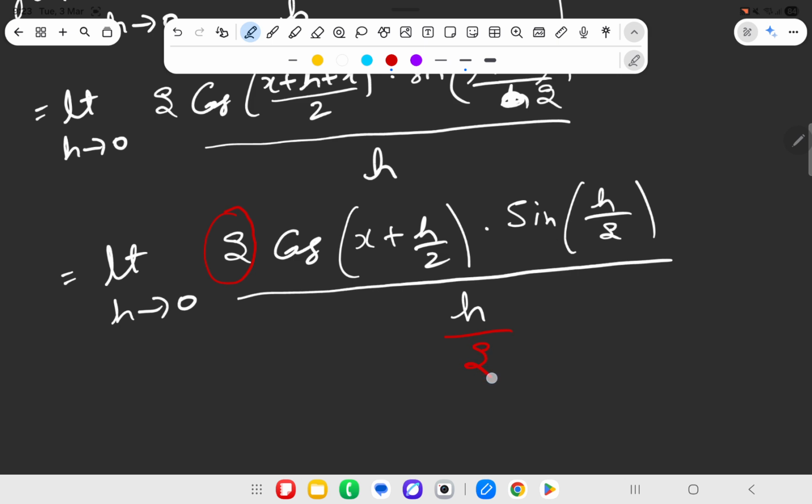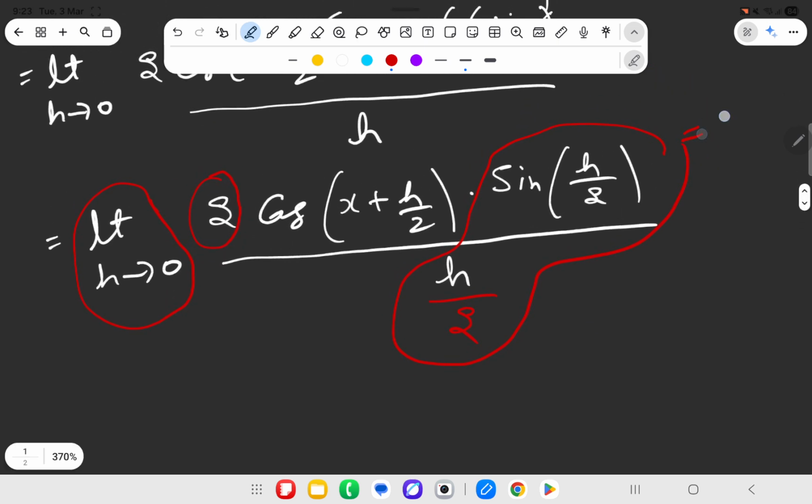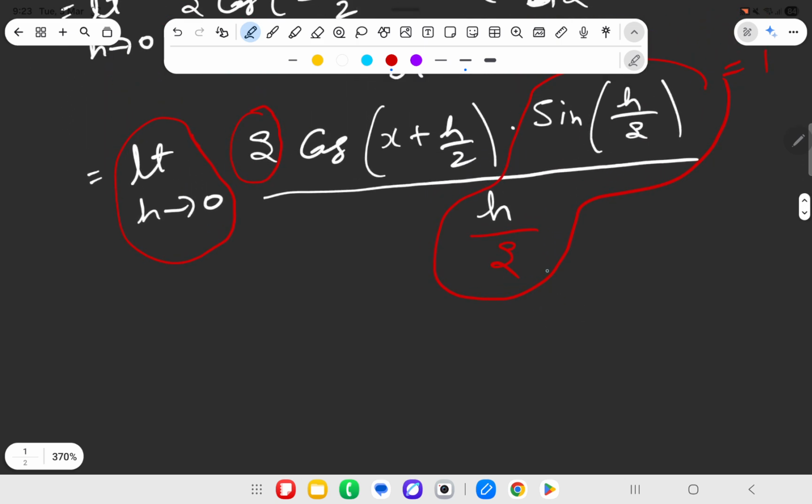So this is nothing but a general formula: the limit as h approaches 0 of sin h by 2 over h by 2 becomes obviously 1. So what is left behind is the limit as h approaches 0 of cos of x plus h divided by 2.